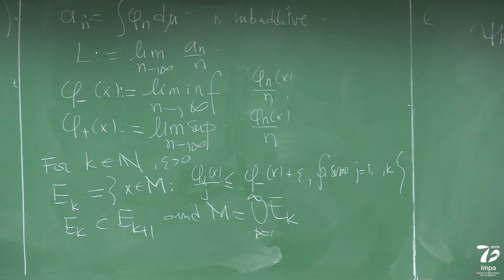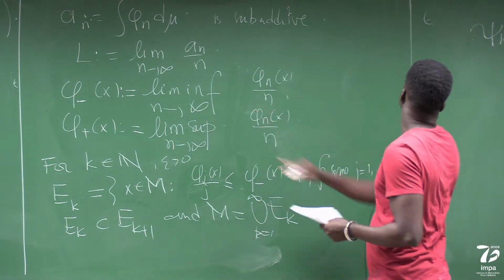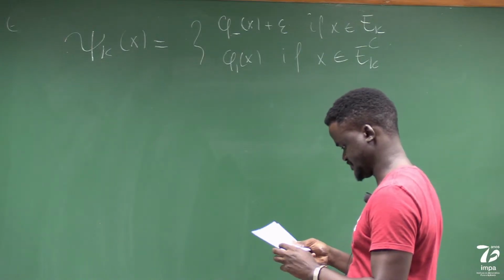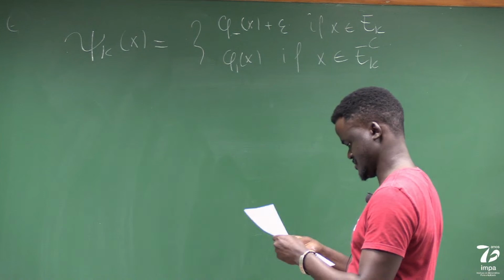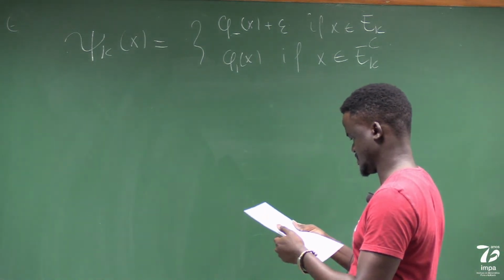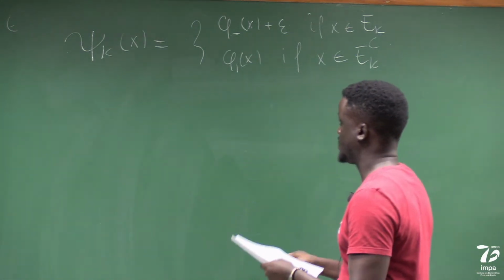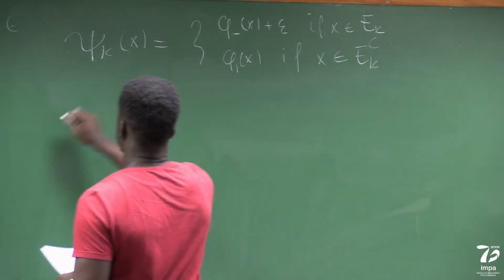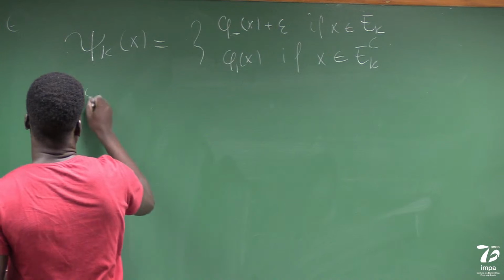So this function is not like lim inf, but the limit of this function is going to be phi minus plus epsilon, and epsilon is arbitrary. You can see that this function is non-decreasing because phi k is non-decreasing.